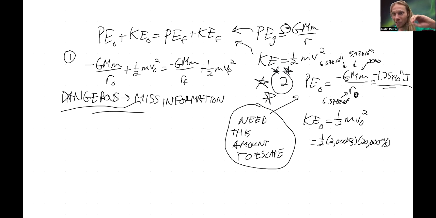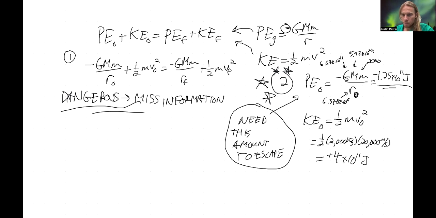Again, we're aiming for zero people forgetting the negative sign. We're aiming for zero people forgetting how units work, because without the units, we can't do anything, right? So we get positive 4 times 10 to the 11 joules. I emphasize the positive because this is negative. I have positive energy to overcome the negative well.